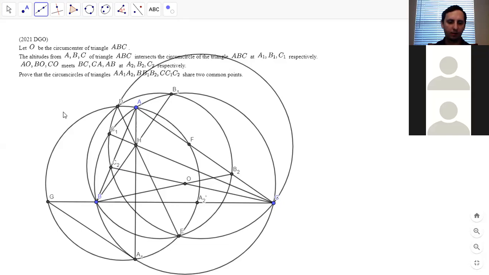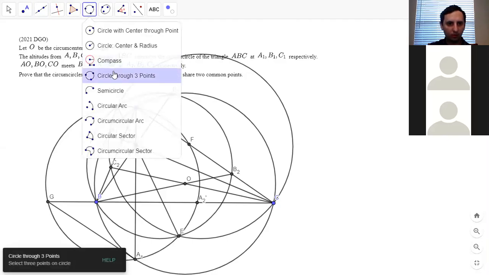So, I mean, basically, we just want to show that angle GHB, so yeah, we want to show GHB is 90 minus B. Is that right? Yeah, I think so.